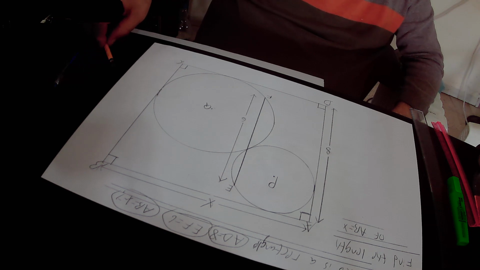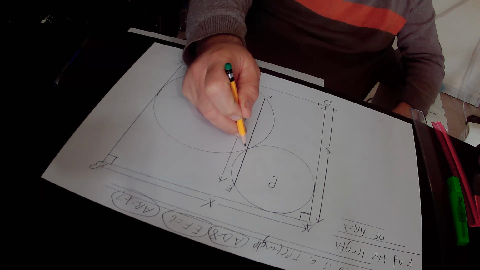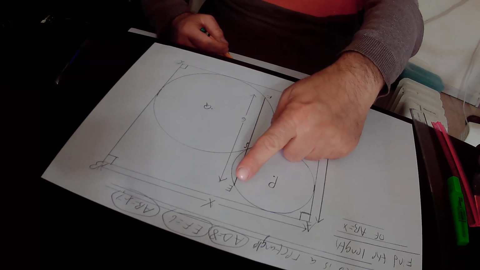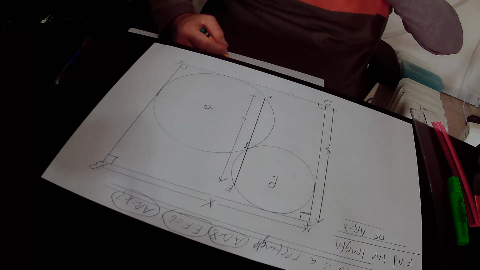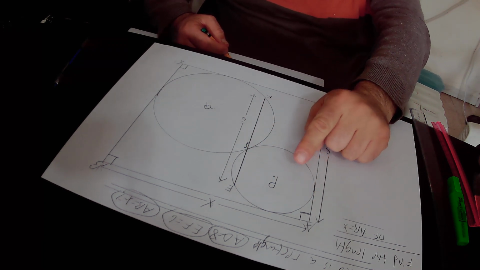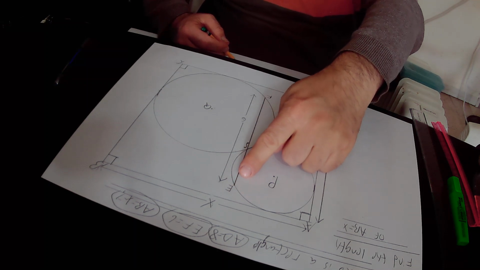We define the touching point between those two circles as point S. So this is chord ES inside this small circle. From point P we will draw a perpendicular on chord ES.